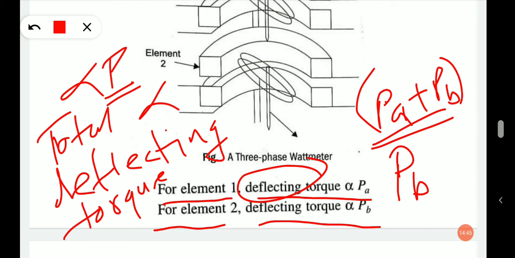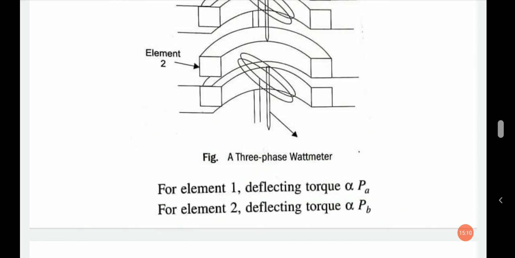Due to the mutual interference between the two elements, there may occur some errors in the reading of the wattmeter.